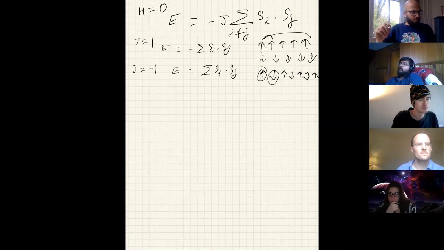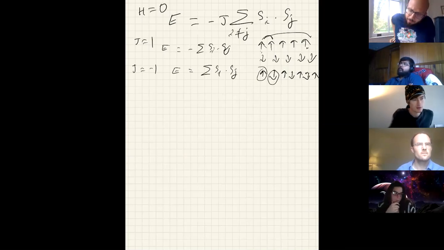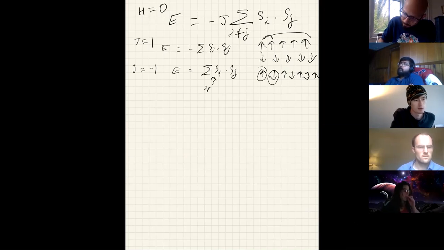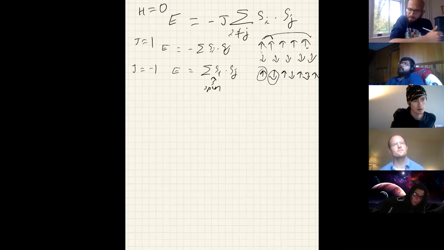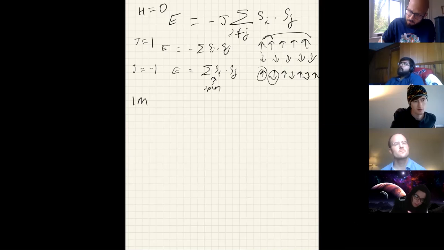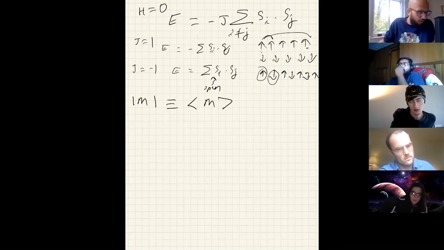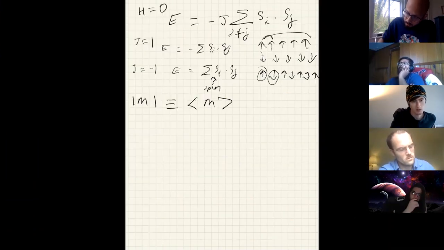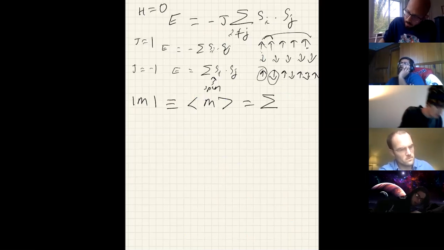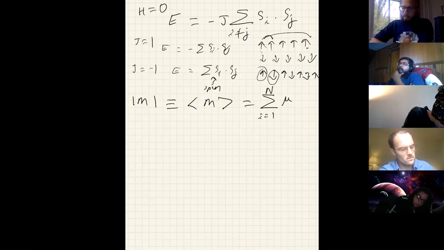The point I want to mention right now is, in the absence of a field, this is an individual spin, and you can talk about the net magnetization of the system, M, with the average value of M, which we will write in bracket notation, given by going to every spin from 1 to n, calculating its magnetic moment.